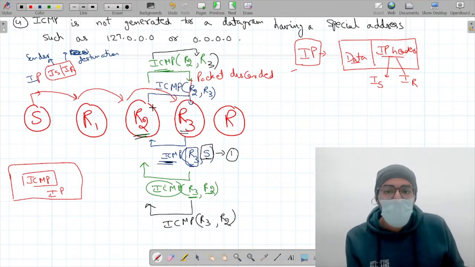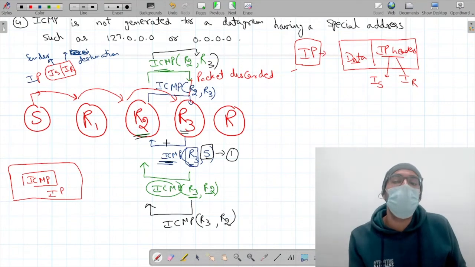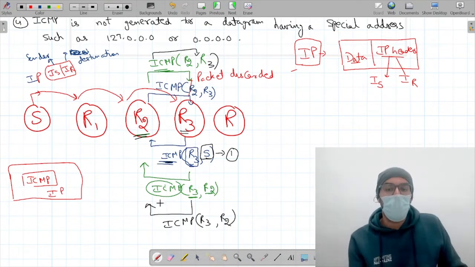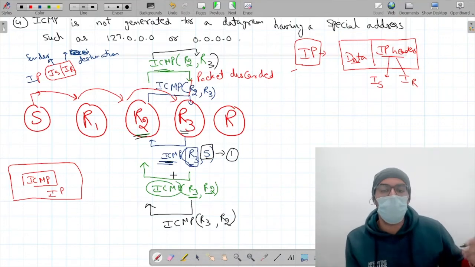It won't be sending an ICMP message back to the router R3 that I have discarded your IP packet containing the ICMP message. This is the solution to this infinite loop, that we do not want to enter.